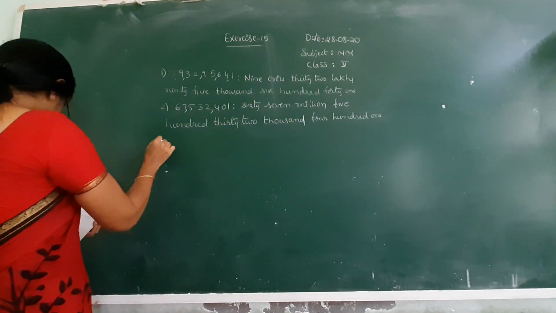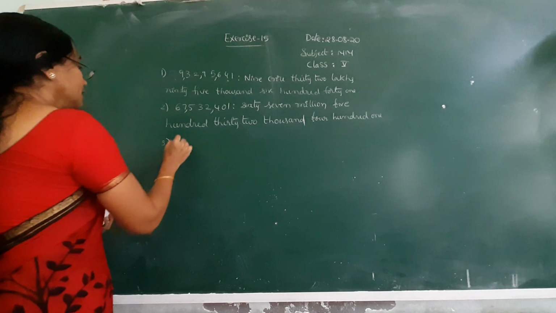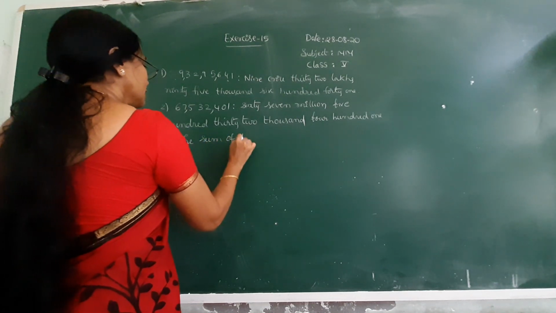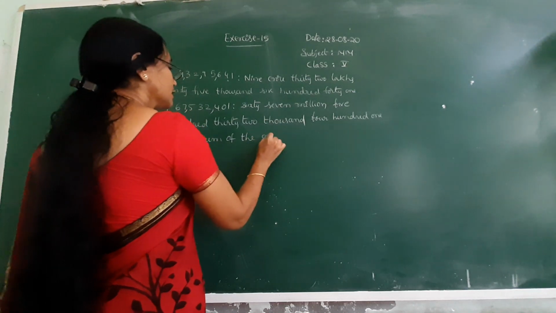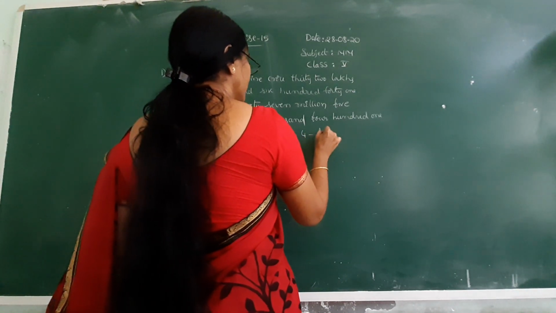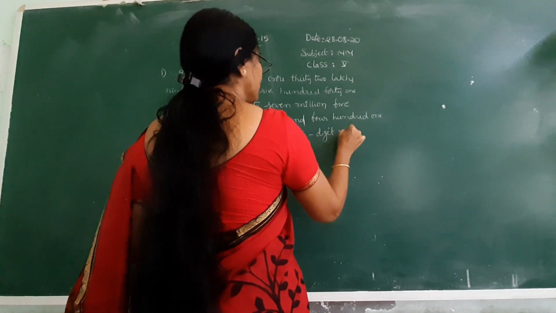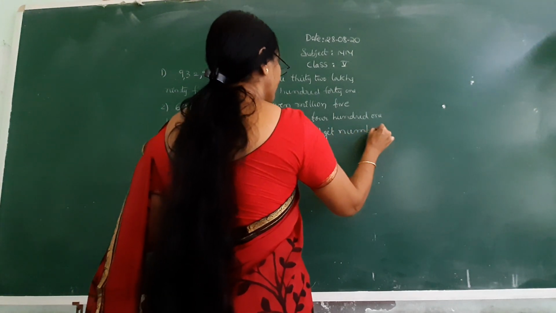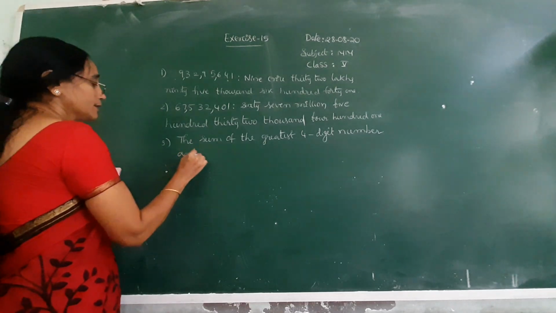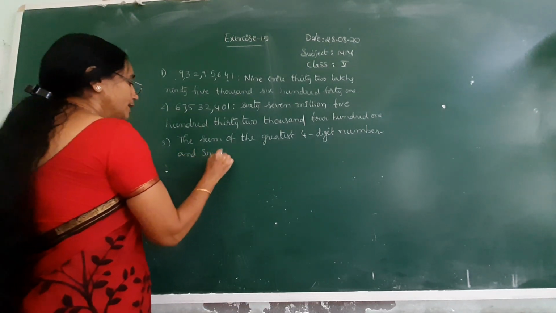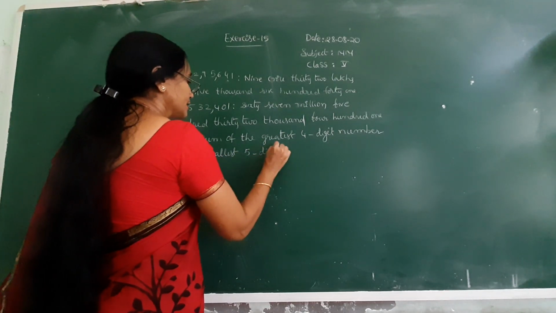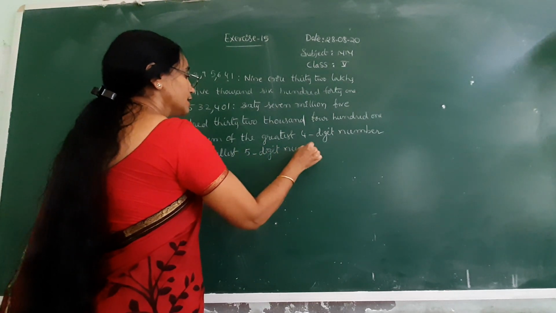Okay. See the third problem. The sum of the greatest 4-digit number and smallest 5-digit number. Okay, na?